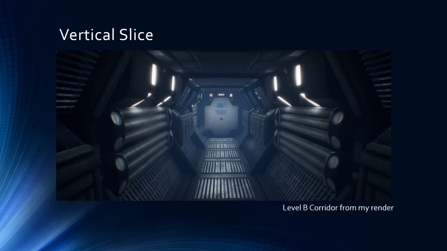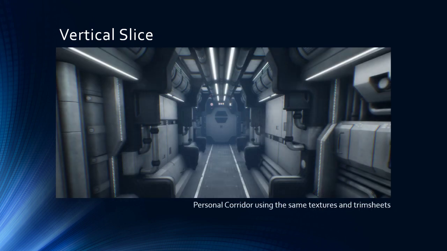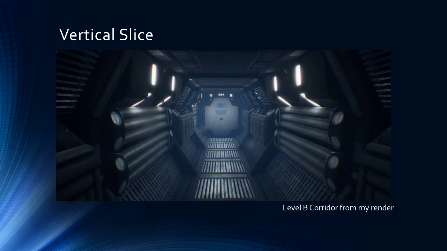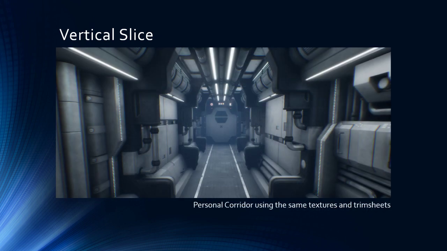For vertical slice, my goal was to deliver a scene of two corridors, one of my own and one matching the movie. The idea of this was to understand the technology and my own process of how I would make my assets, and I needed to also deliver some kind of lighting scenario that would be at a final level of satisfaction.